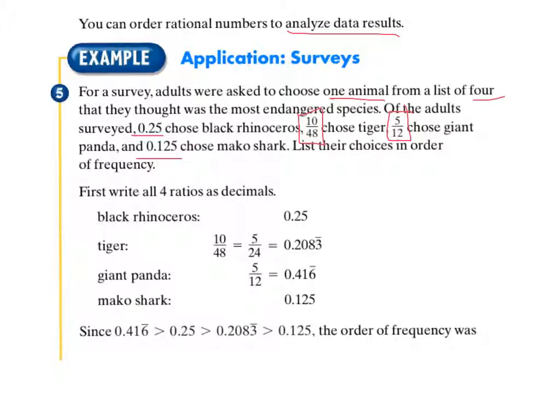So there's 0.25 and 0.20, so 0.25 is bigger than 0.20. So the black rhinos at 0.25 is our next number, followed by the tiger at 0.2, and last is the mako shark. So the frequency was giant panda, black rhinos, tiger, and mako shark.